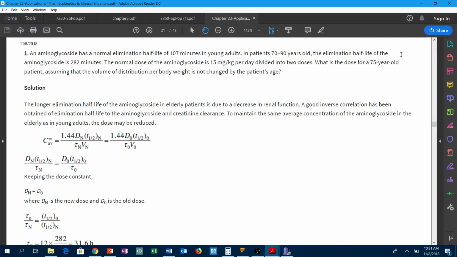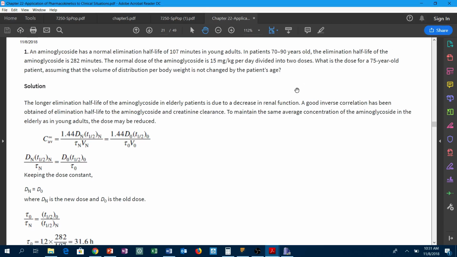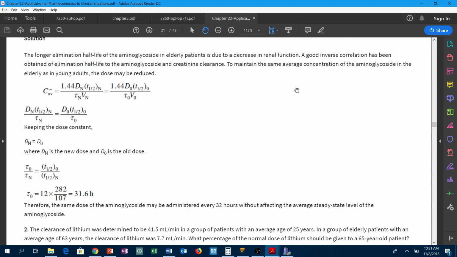If the drug is hydrophilic and you have more total body water, you need more drug to get to the same level of concentration. It would distribute more. I assume it's hydrophilic because it says it's mainly renally cleared. Don't assume, but yes, it's hydrophilic.